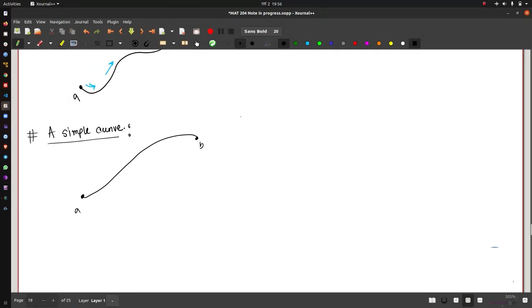So the formal definition would be, for a simple curve and for two different values of the parameter, let's say at point B or some other point, the value of the parameter is t2, then z of t2 is not equal to z of t1 if t2 is not equal to t1. However, this is a simple curve and it's open.